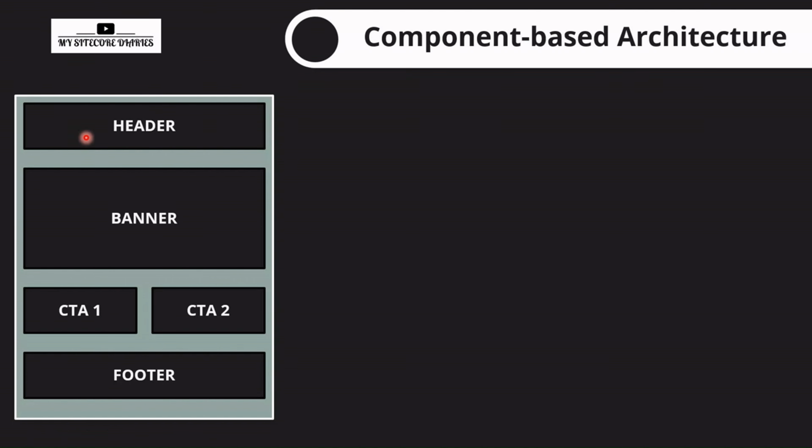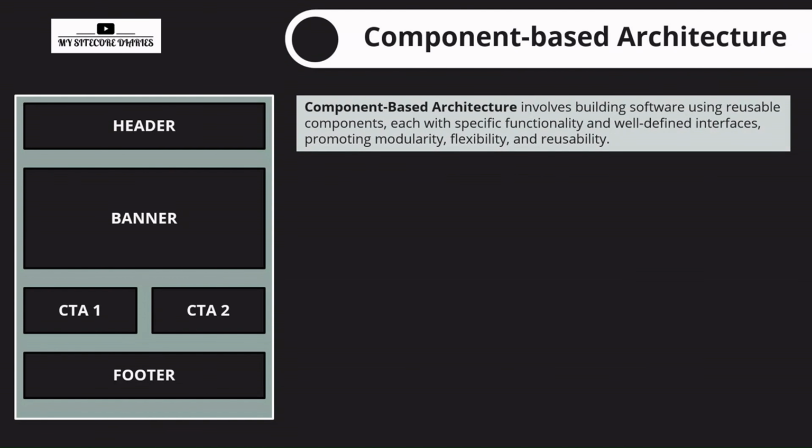The header, the footer, the banner, the CTAs can each be considered an individual component that can be integrated into the page, and this is what component-based development means. Component-based architecture involves building software using reusable components, each with a specific functionality and well-defined interfaces, promoting modularity, flexibility, and reusability. So modularity, flexibility, and reusability are key in component-based architecture.